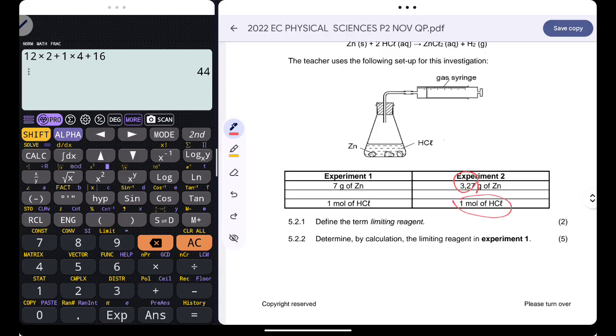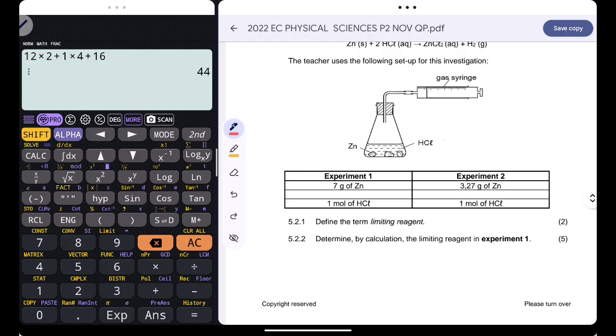Okay, the first question says, define the limiting reagent. The limiting reagent, guys, is the substance that will be completely used up in a chemical reaction. All together. Since it will be completely used up in a chemical reaction, just know that it is the one that determines the progress of the reaction.